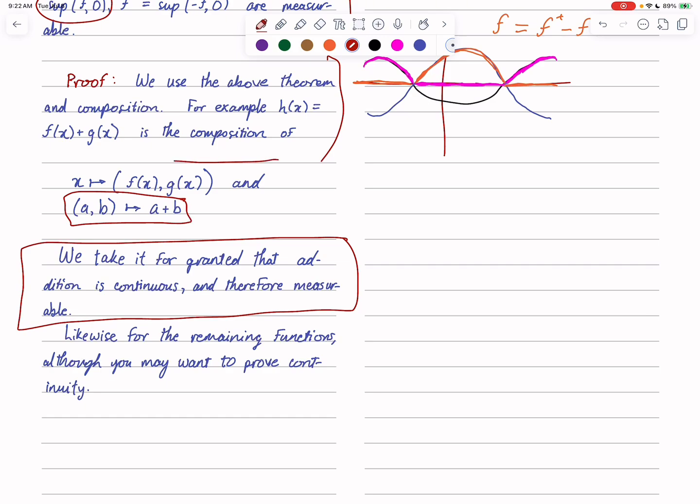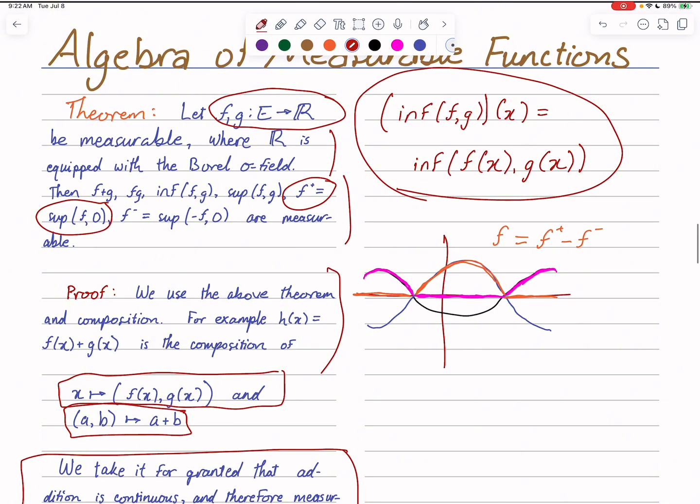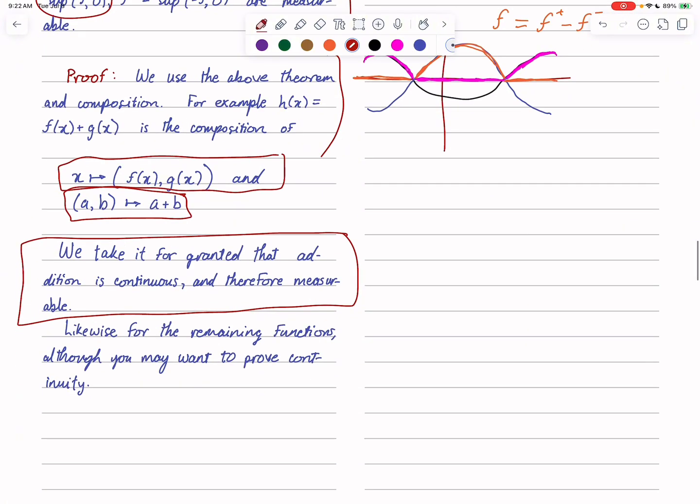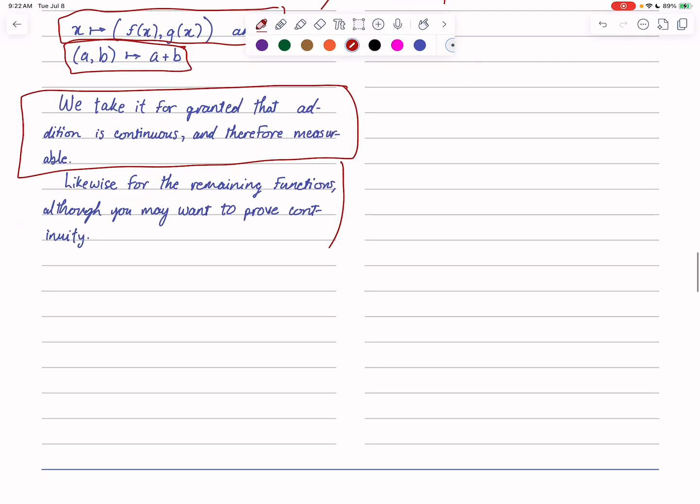This function we know to be measurable from the previous theorem because we know that f and g each individually are measurable, because again, that was the assumption in the theorem. So we have that the first function is measurable, the second function is measurable, their composition is therefore measurable. Proof complete.